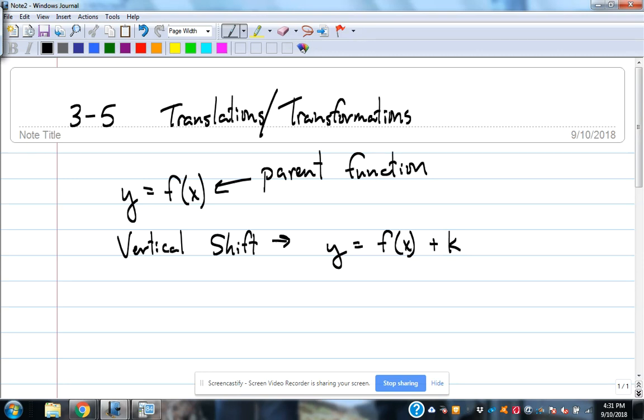Adding is up, subtraction is down. Anytime you see k as some number, it doesn't matter what kind of number: positive, fraction, decimal, whatever. If we're adding or subtracting it at the end, that's going to shift the parent graph up or down. Positive is up, negative is down. Okay, vertical shift.